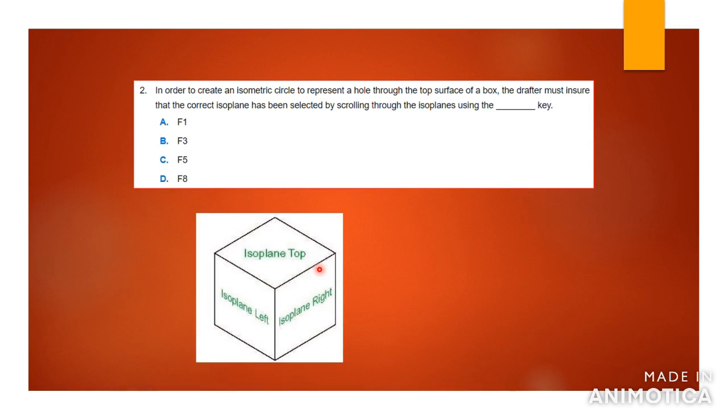Remember, you have the isoplane left, isoplane right, and isoplane top. In order to switch between isoplanes to draw the circle, you need to press F5. So if you're going to AutoCAD and you want to change the planes from maybe the left to the top, then you have to click on F5 until you get to the correct isoplane. Okay, all right.